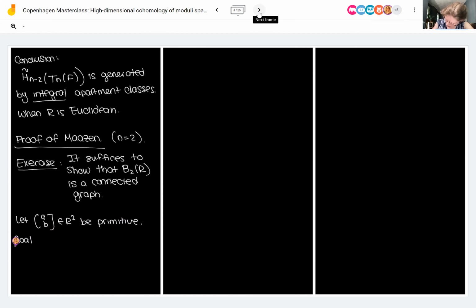And our goal is to build a path to (1, 0). I guess I'm doing this maybe in the case when R is a number ring, so it contains a copy of the integers. Oh, actually, I don't need that. No, I think we can do this for any Euclidean ring. Okay.